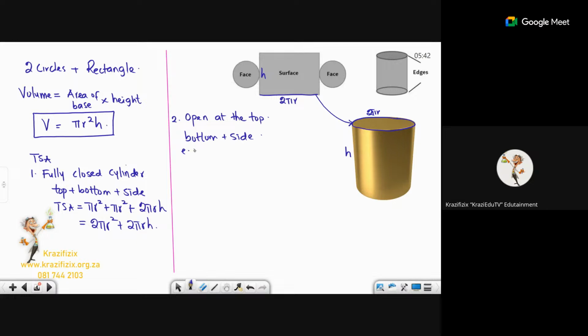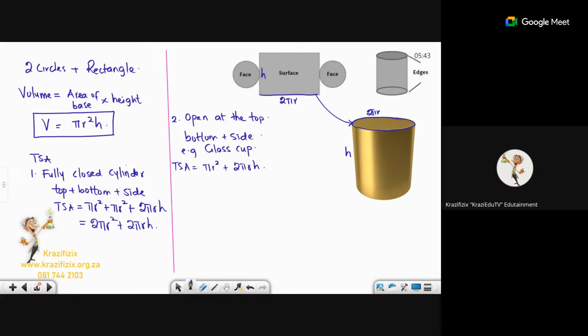An example is a glass cup. A glass cup cannot be closed on both ends. It's closed at the bottom and open at the top. So it's going to be TSA. What is the bottom? Pi r squared. What is the side? 2 pi rh.